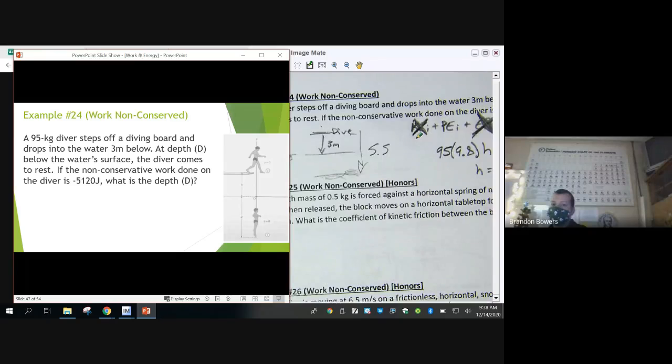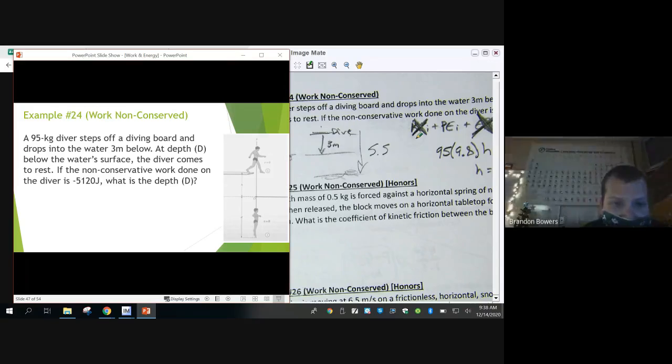Okay, that makes sense. This is the easiest thing that we've done. Question. Why is there no final kinetic energy on this one, but there was on the last one? Because here the diver comes to rest.